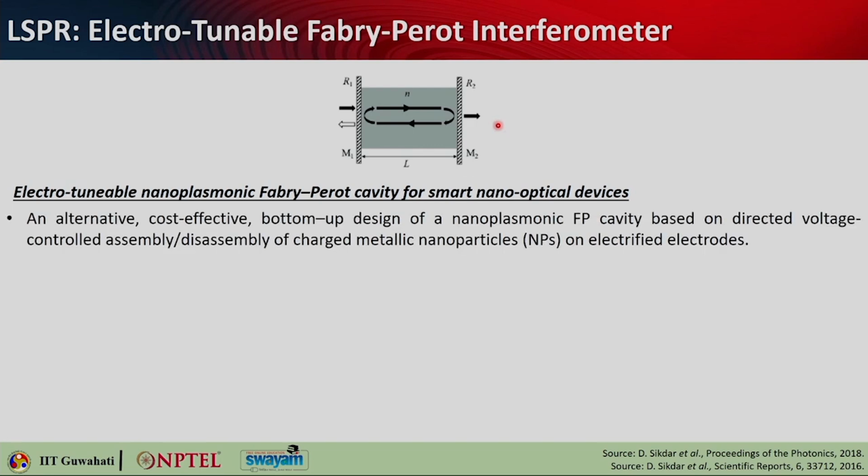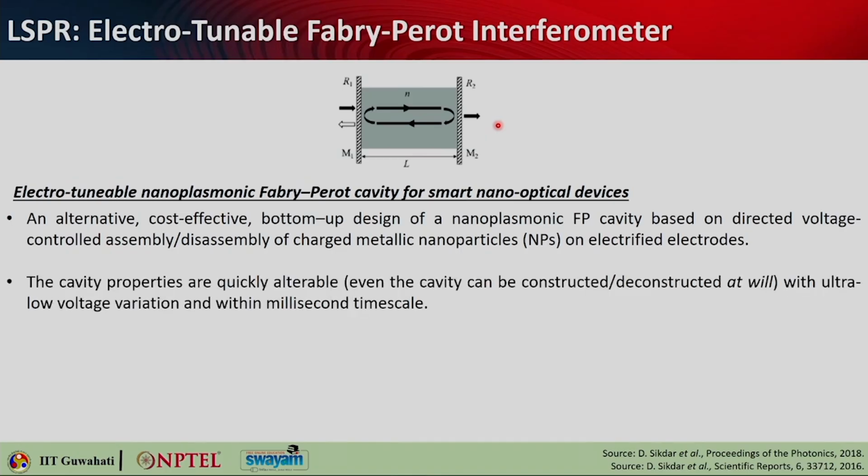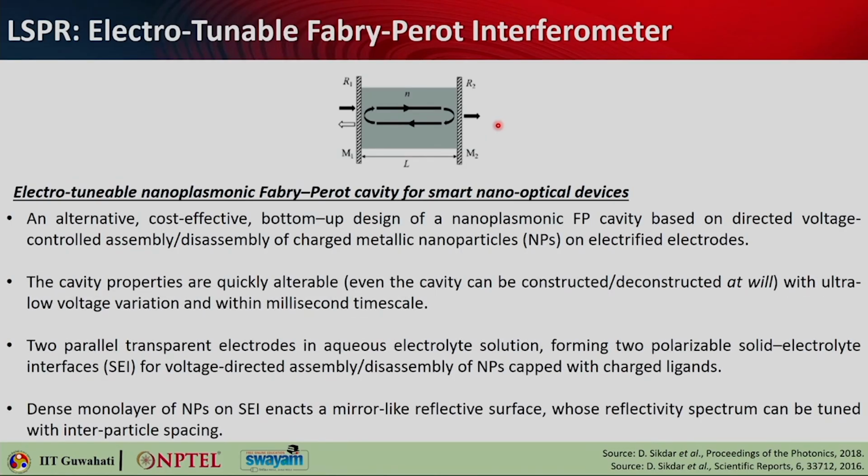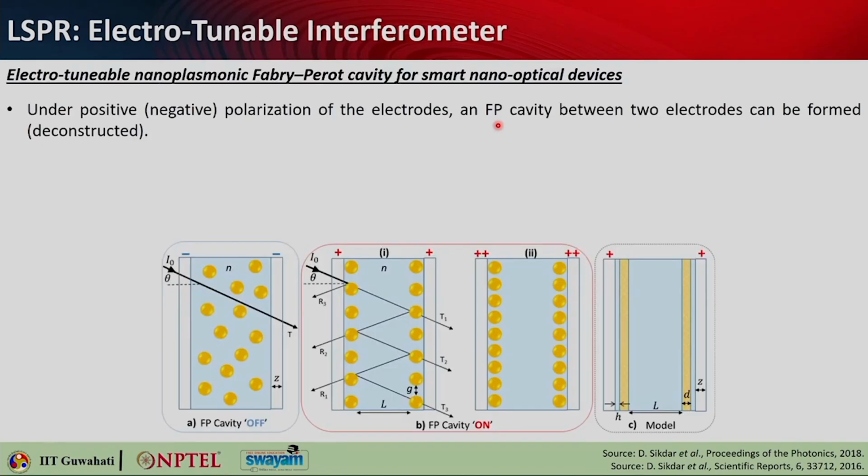Now plasmonic nanoparticle solutions allow you to achieve an electrotunable Fabry-Perot interferometer cavity. So what you can do, I will quickly go to the structure. You can use two transparent metallic electrodes like ITO, and you can use an aqueous solution filled with gold nanoparticles which are negatively charged.